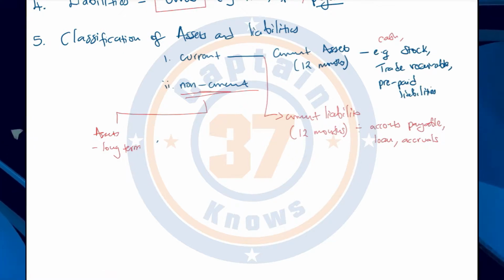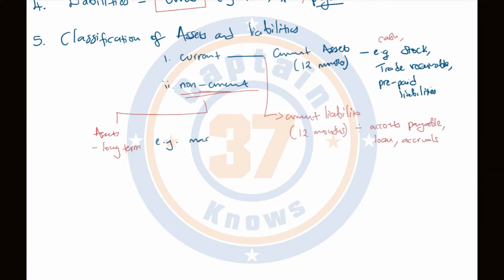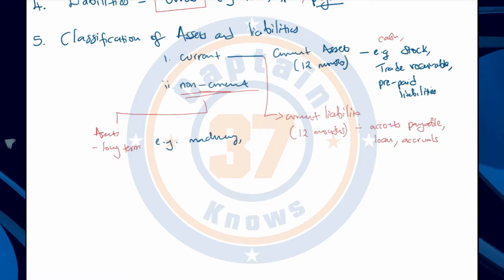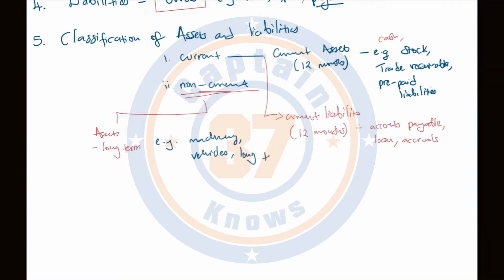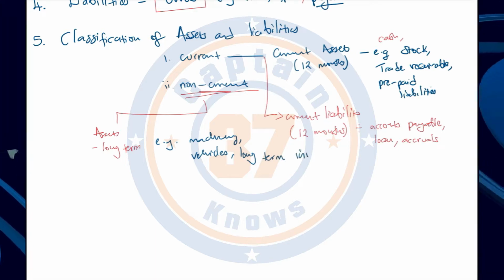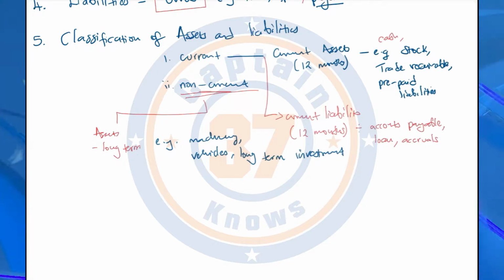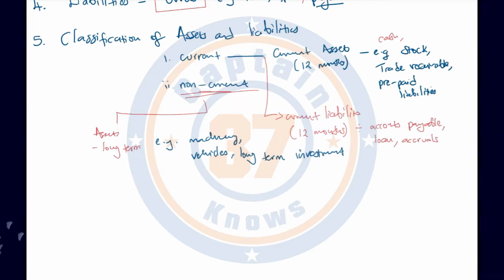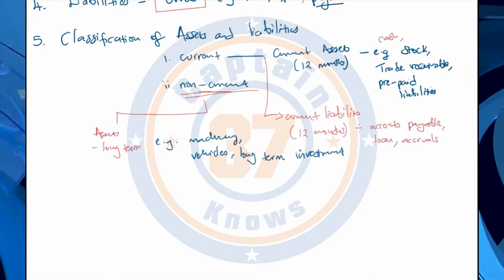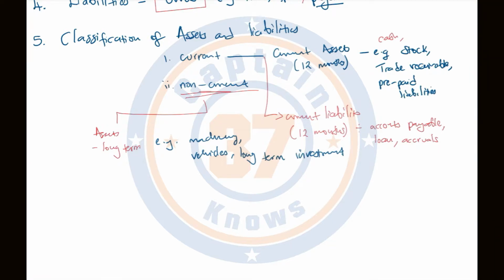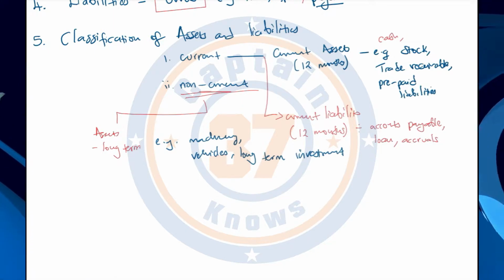Examples of non-current assets include machinery, vehicles, long-term investments. What does this mean? It means that you may have gotten 20,000 kwacha and invested it on a farm somewhere, but you intend to make money over a period of more than 12 months. So that's what's going to make it non-current.